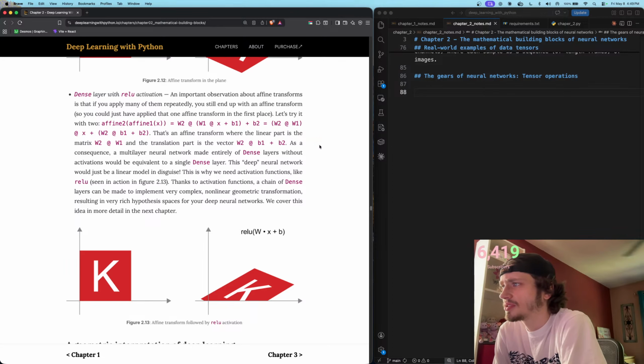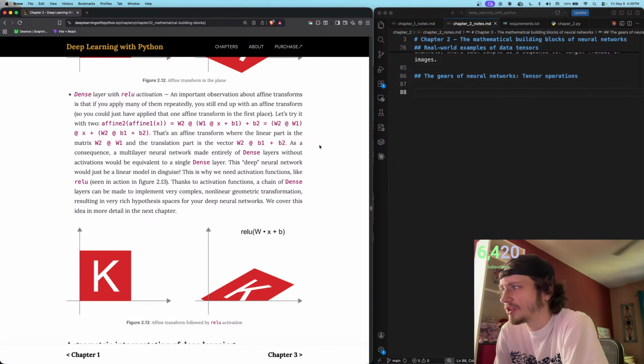As a consequence, a multi-layer neural network made entirely of dense layers without activations would be equivalent to a single dense layer. This deep neural network would just be a linear model in disguise. This is why we need activation functions, like ReLU, seen in action in figure 2.13.